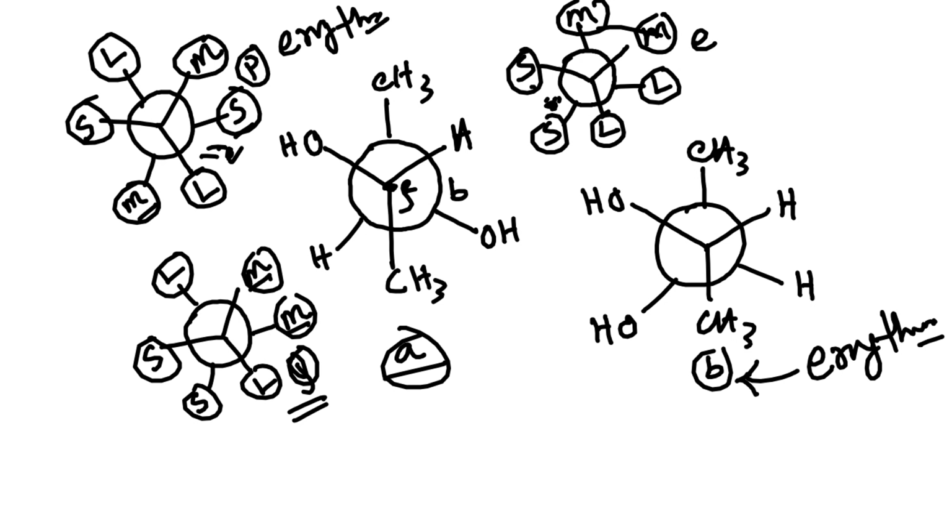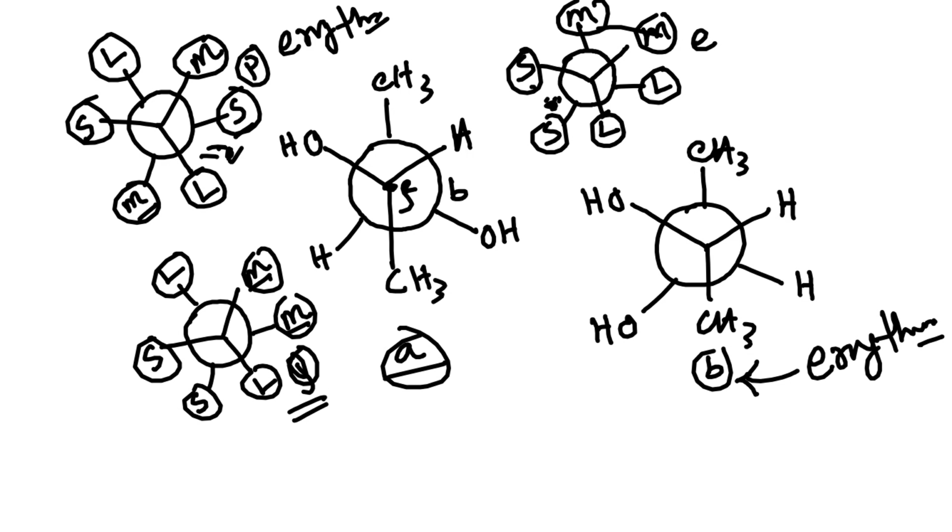So can you understand what is erythro and what is threo? Write down in the chat box whether you understood or I have to explain it again. Okay, so you understood.